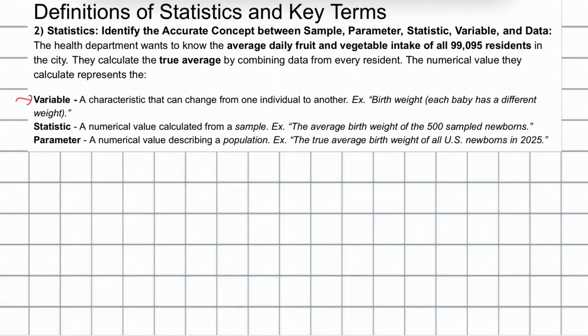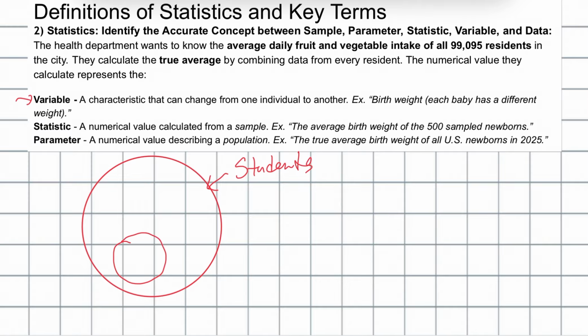When it comes to a statistic, it is a numerical value calculated from the sample. So let's say the large portion is the population, a population of students.